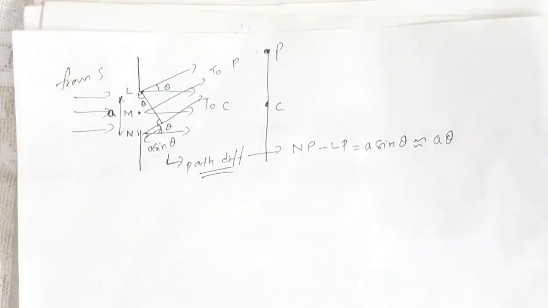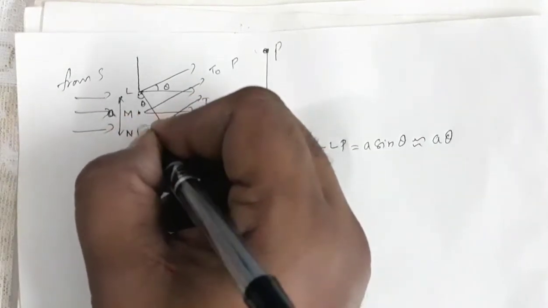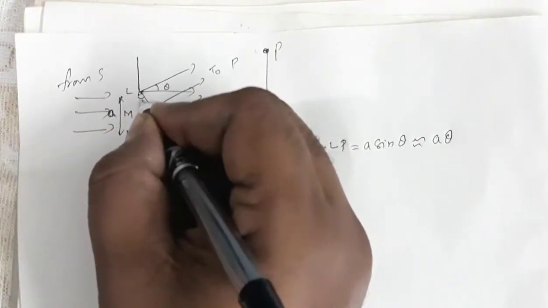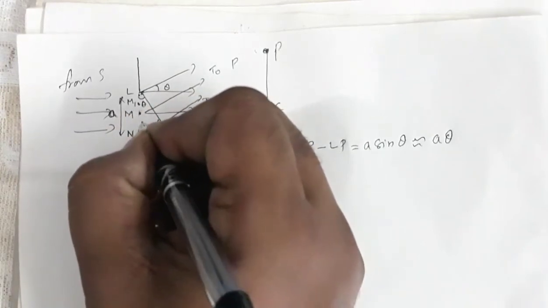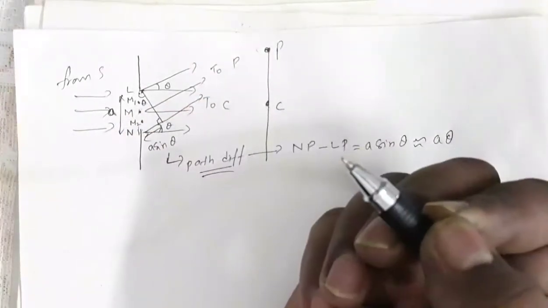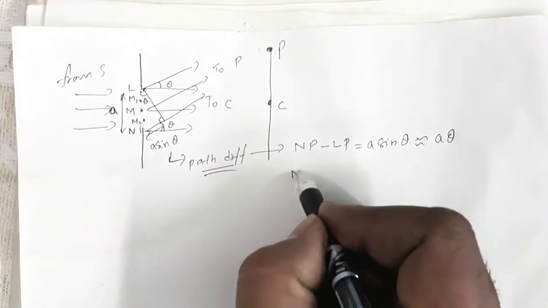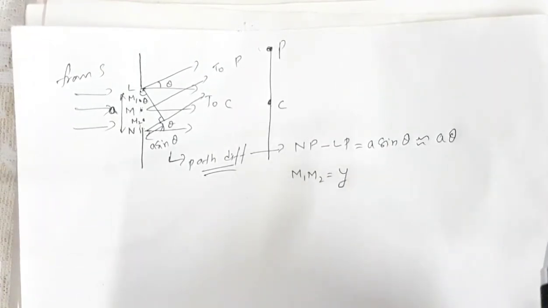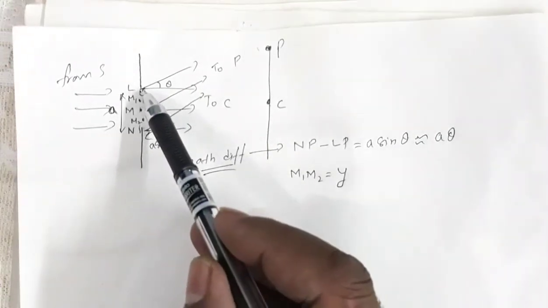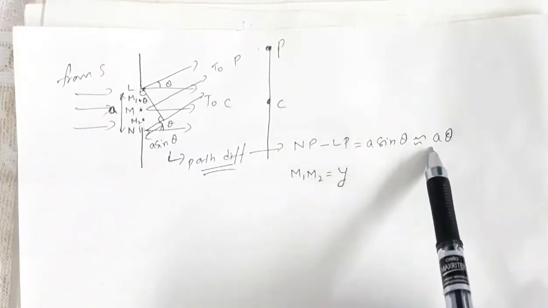Now if we consider two points, this slit is first divided into two parts. One part is LM and another part is MN. In the upper half we take one point M1, in the lower half we take another point M2, such that these two points M1 and M2 are separated by distance y. M1M2 is equal to y. When we take points L and N, which are separated by distance a, the width of the slit, the path difference was a theta.